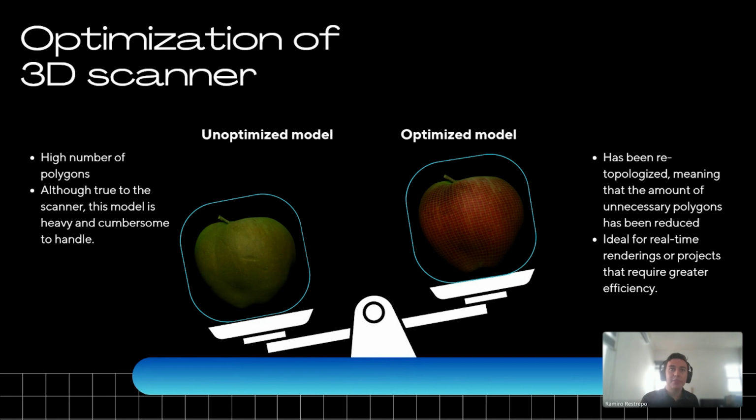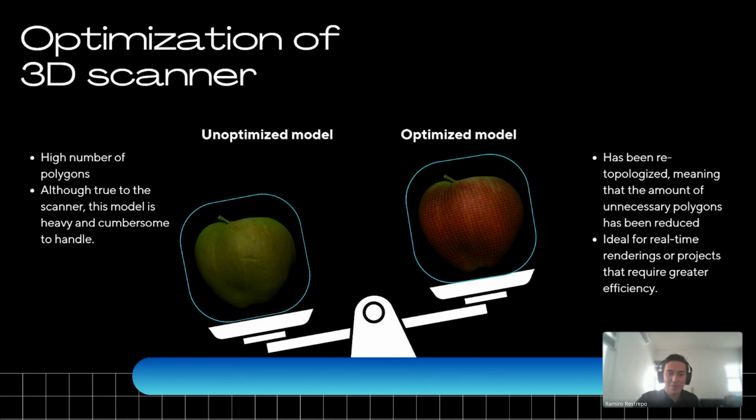After processing the model, it's important to optimize. This is where the retopology comes in, which involves reducing the number of polygons in the model to make it more manageable. A non-optimized model has a high number of polygons.